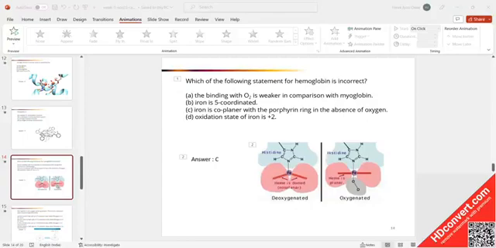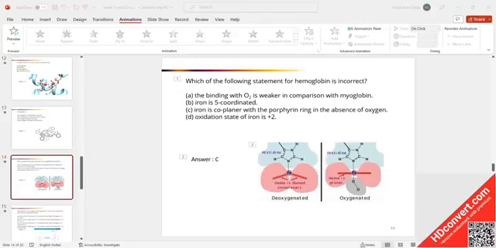So the correct answer is actually option C. Most of you may have thought about option A. If you see how the iron is there in hemoglobin, it binds with oxygen. When there is no oxygen present, in the deoxygenated state, the iron is not in the plane of the porphyrin ring.